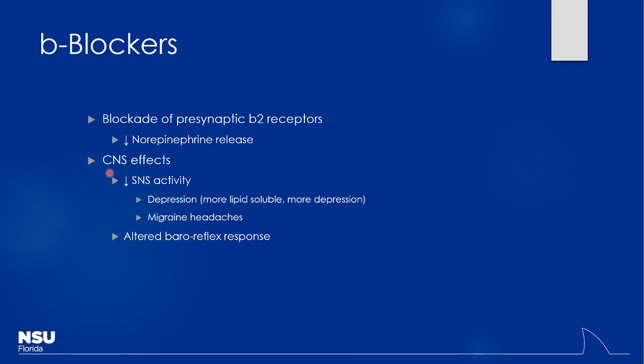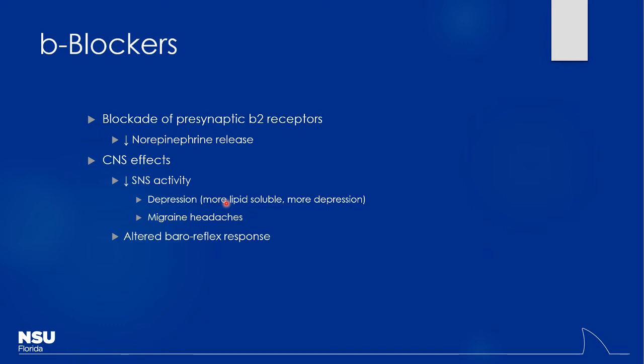You're going to find that by decreasing sympathetic nervous system activity overall, we can find a couple of interesting things here. One thing to be concerned with is how lipid soluble the beta blocker is, and the more lipid soluble it is, the better it can get into the CNS, and that can actually lead to depression. In some cases, it can lead to things like abnormal dreams and nightmares, and this is one of those things you have to be careful of in elderly patients, especially if they have concomitant dementia.